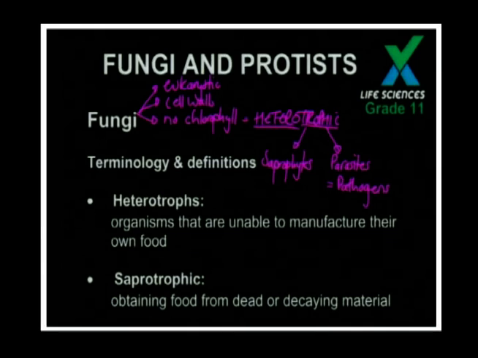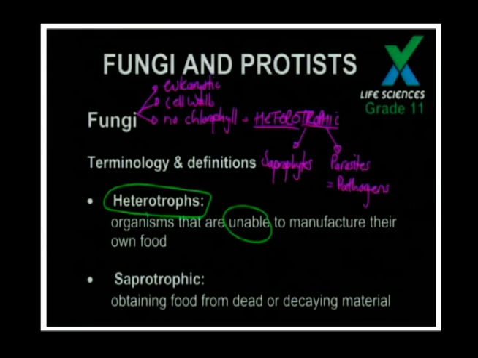Now that we've learned about the structure of different kinds of fungi, let's go back to revise our terminology. Heterotrophs are those organisms that cannot manufacture their own food. This is because they have no chlorophyll. As a result, all heterotrophs have to look for their food in different ways.